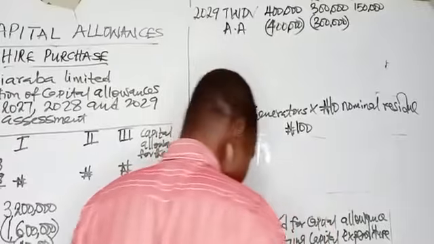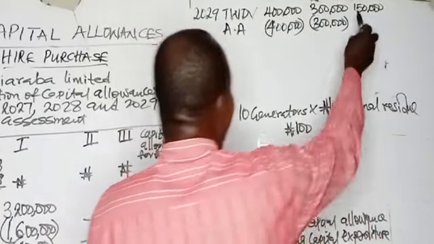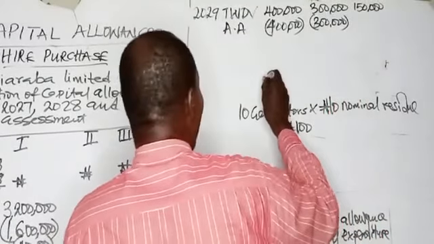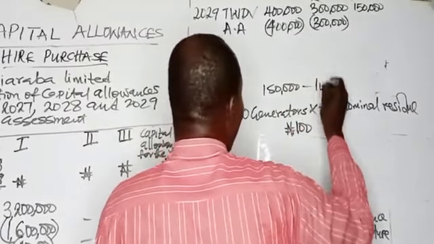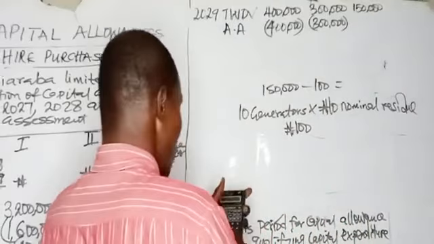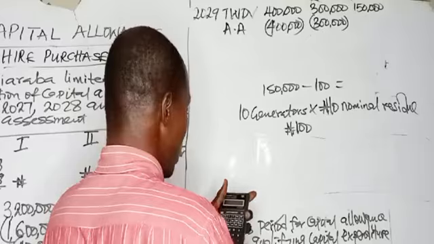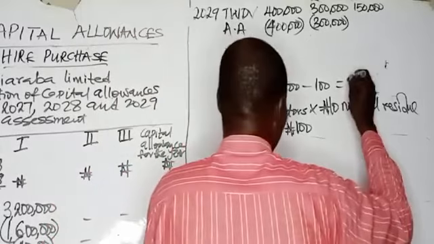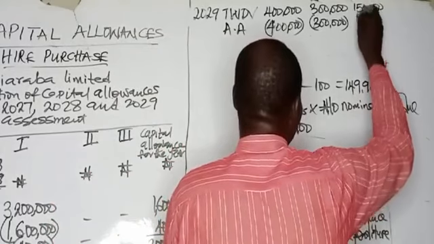So the nominal residue that will be retained is 100 naira. And the annual allowance is supposed to be 150,000. 150,000 minus the nominal residue of 100, then you have 149,900.